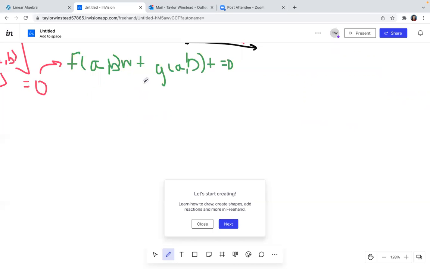So if we did that, we could subtract G of A, B times T. And so we get F of AB times W is equal to negative G of AB times T.